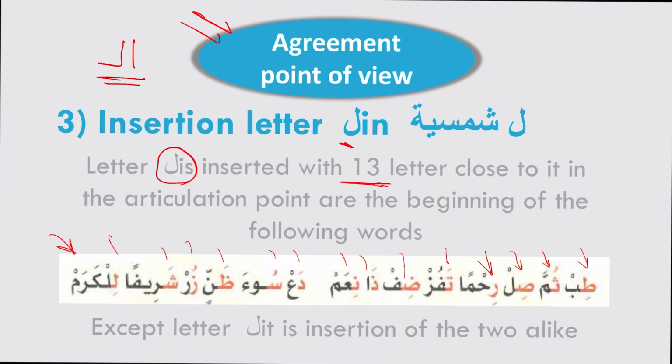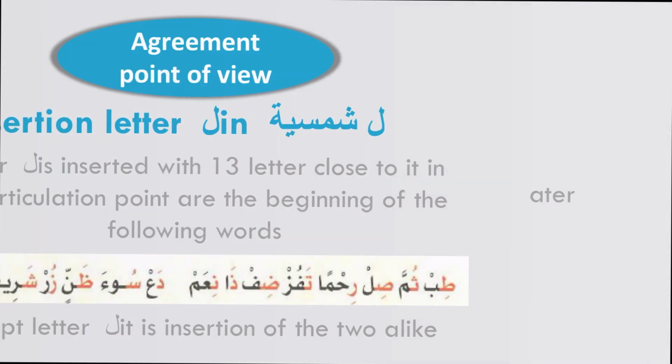These are the letters that when they come after the alif and lam, they should be insertion. All of these are going to be insertion because they are too close, except lam, which is identical. For example, alladhi: in this case, lam and lam are inserted because the two are identical.